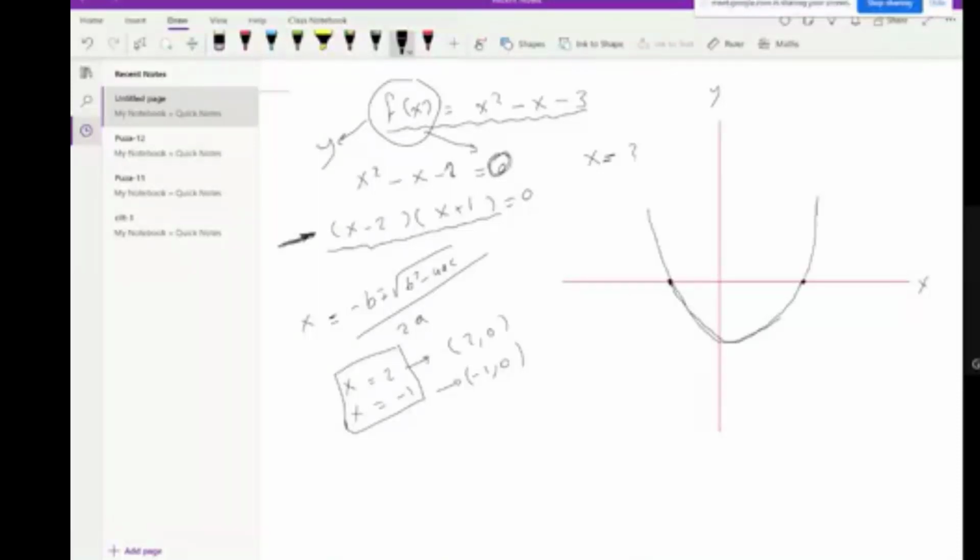This is the function, f of x equals x squared minus x minus 2. This is the intersection: (2, 0) and (-1, 0).